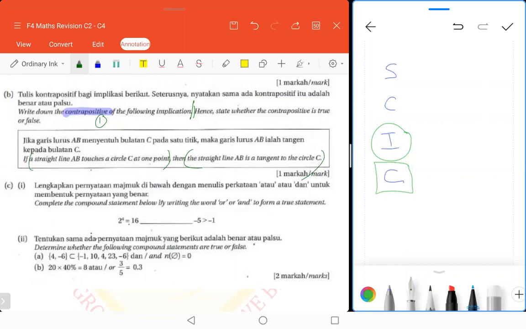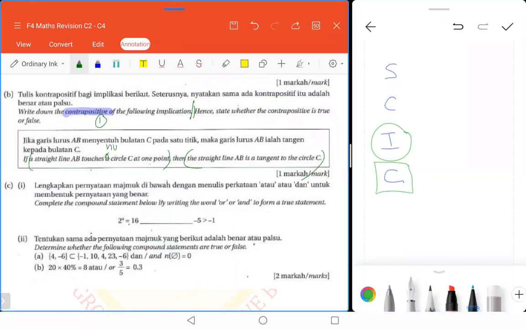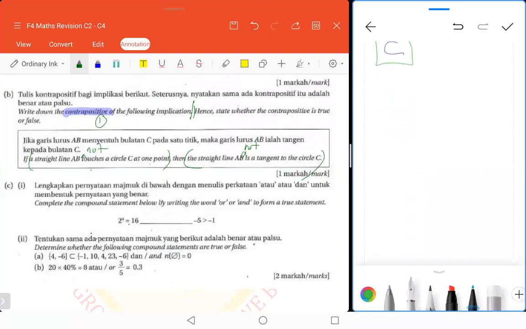If the straight line AB is not a tangent to the circle C, a straight line AB will not touch the circle C at one point, correct? So that means you have to change it to not first. Not here. Okay, sorry. Okay, not. So contrapositive, reverse it back.